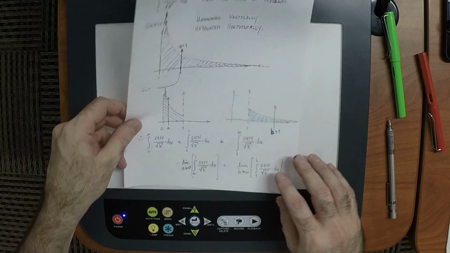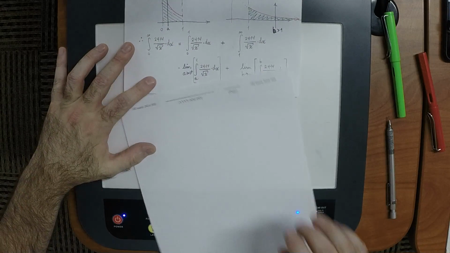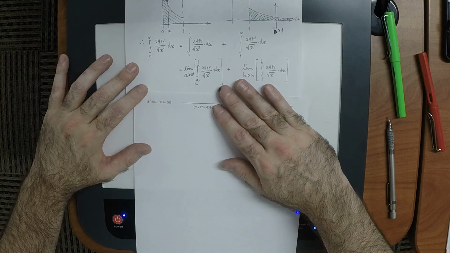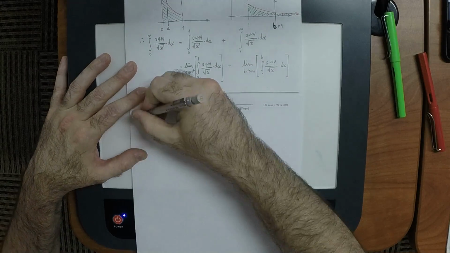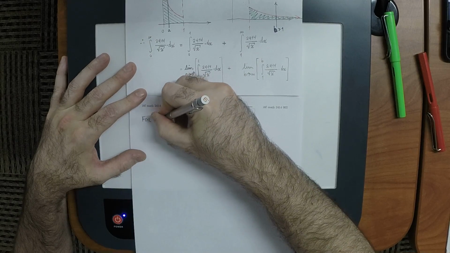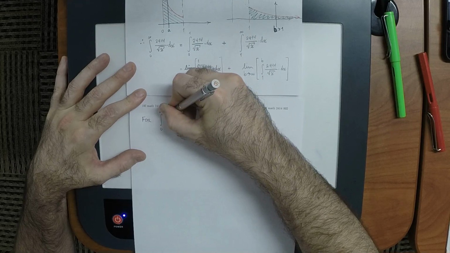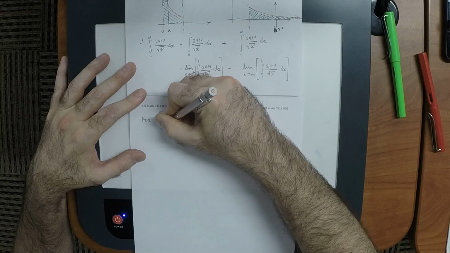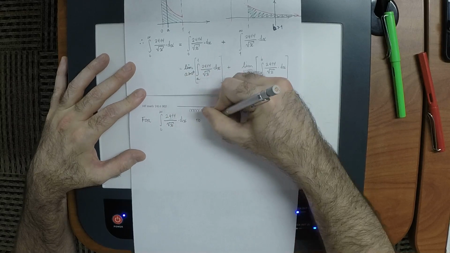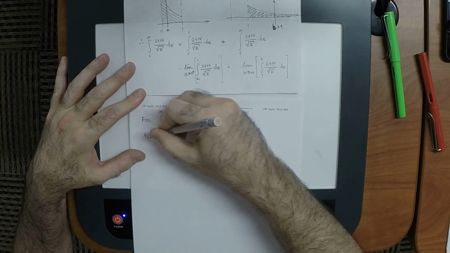Then the definition of whether or not the limit exists is that all pieces must exist. So for the whole to exist, all pieces must exist.